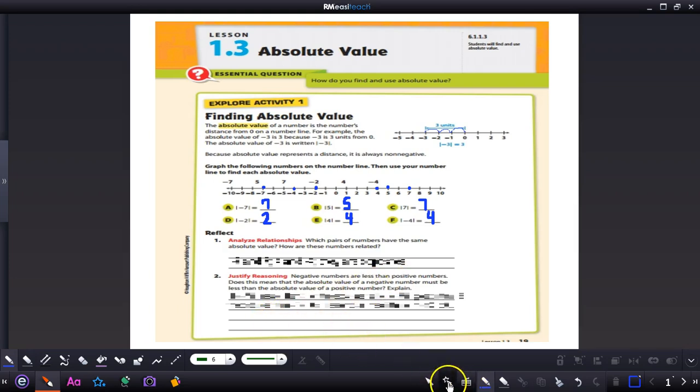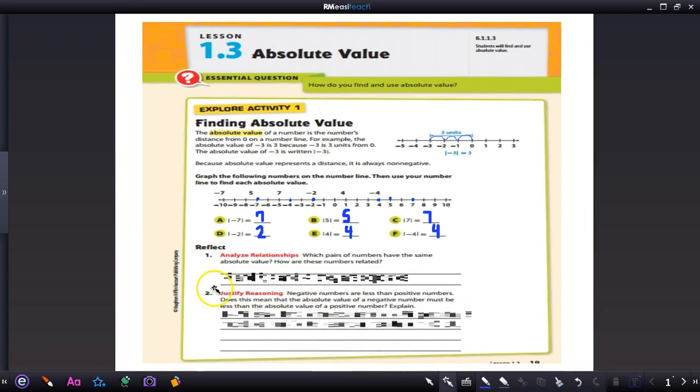Now let's take a look at this next problem here. Analyze relationships. Which pair of numbers have the same absolute value, and how are these numbers related? So we can take a look at the numbers in A through F. We can see -7 and 7 have the same absolute value, so A and C. We can also see +4 and -4 have the same absolute value.